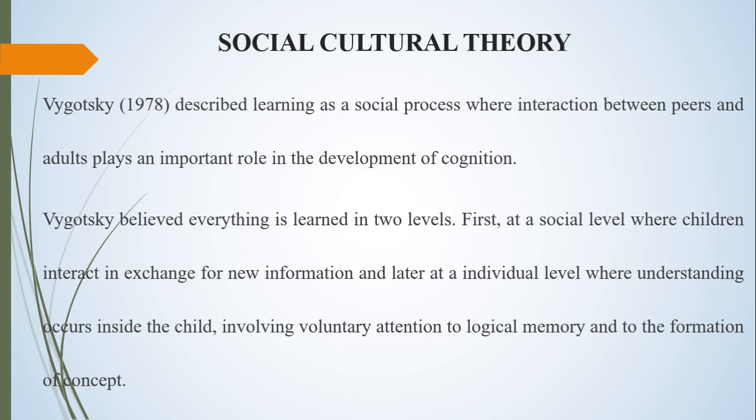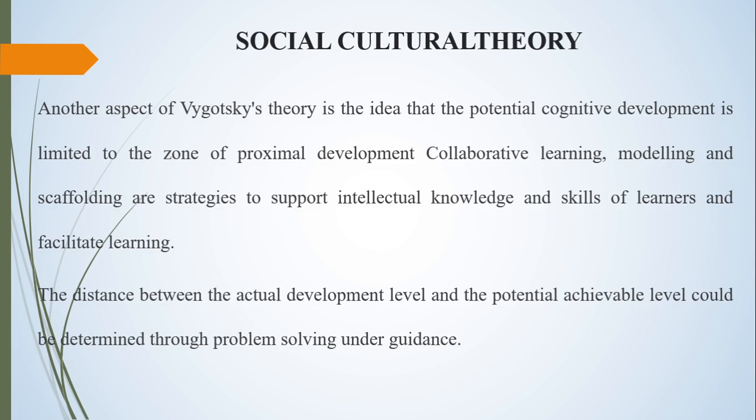First at the social level, where children interact to exchange new information, and later at the individual level, where understanding occurs inside the child, involving voluntary attention, logical memory and the formation of concepts. Let's look at this social cultural theory.